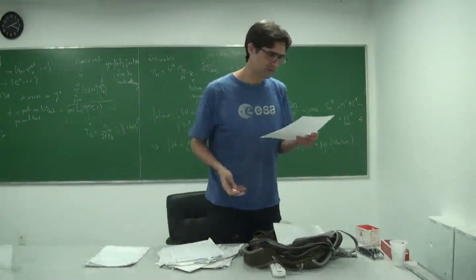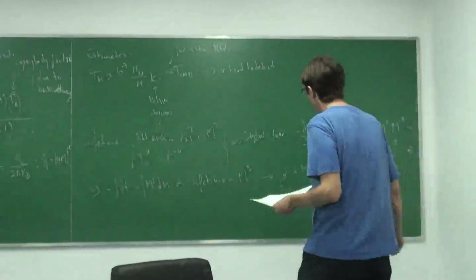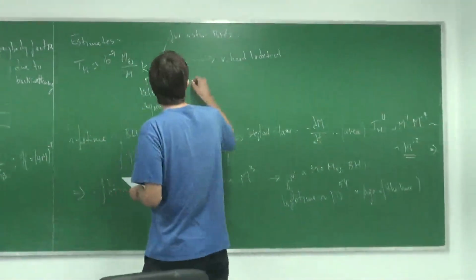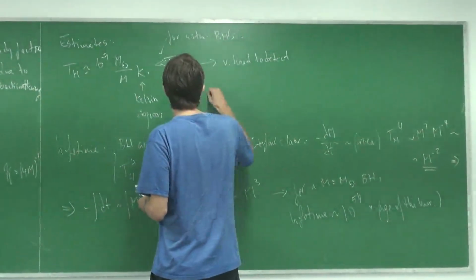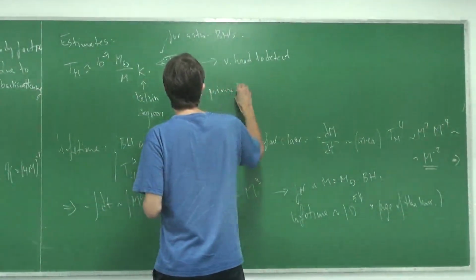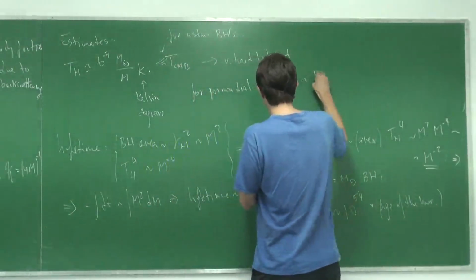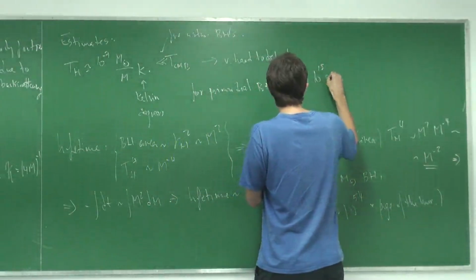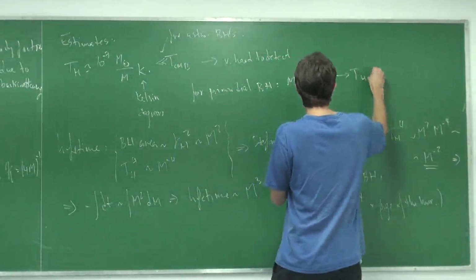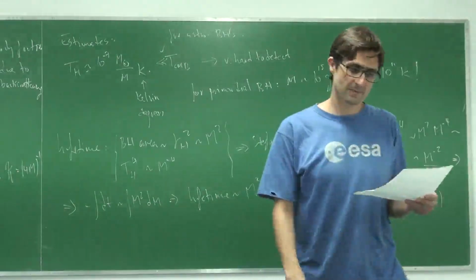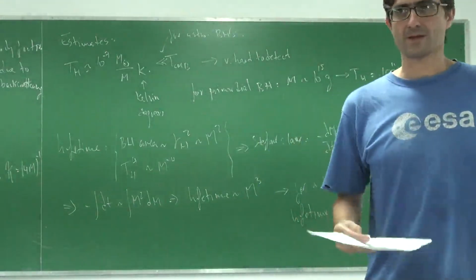Yes, we do have an estimate for primordial black holes: 10 to the 15 grams, and so Hawking temperature 10 to the 11 Kelvin, which is certainly detectable.